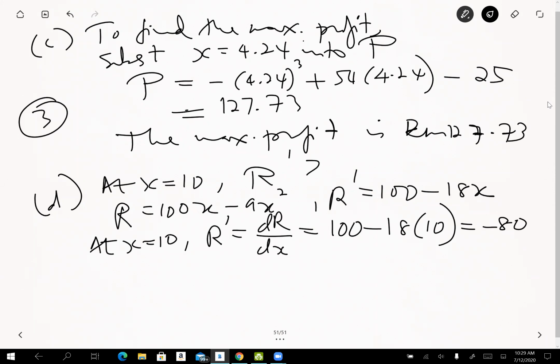Now, when you interpret, you go back to delta R over delta X. That means for a 1 unit increase in X. So I want to interpret that value.